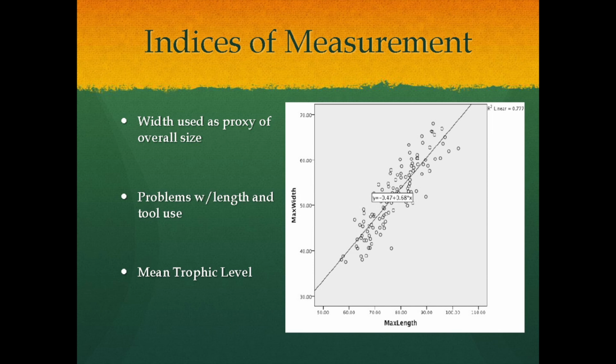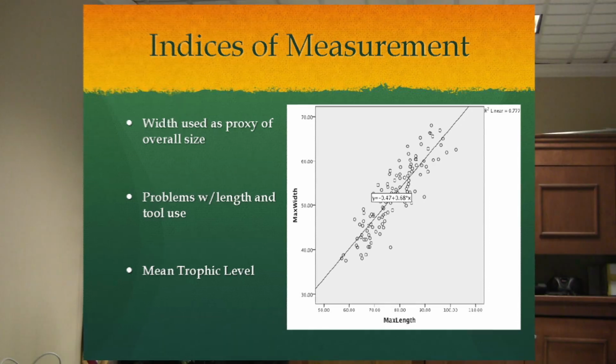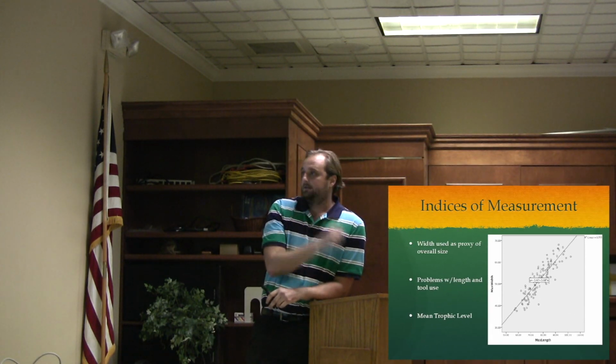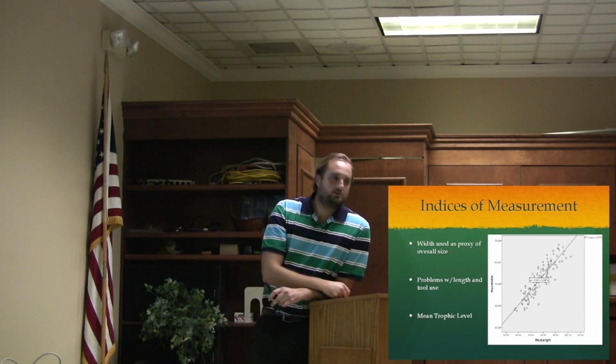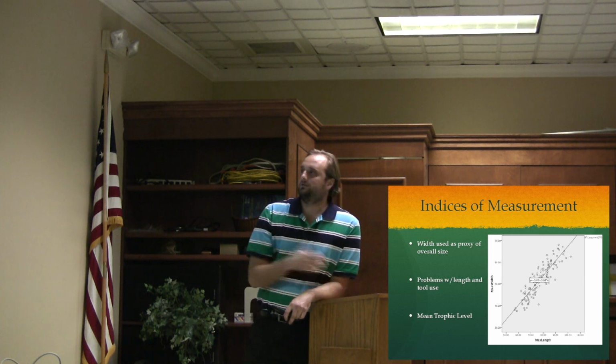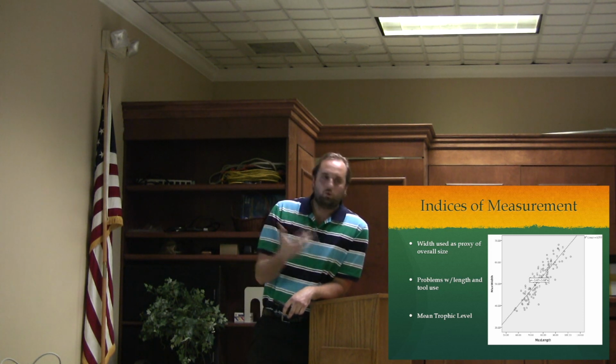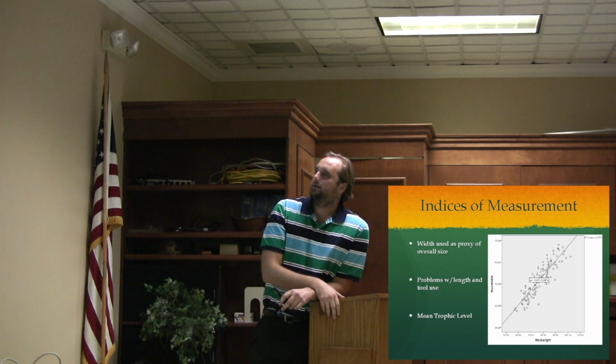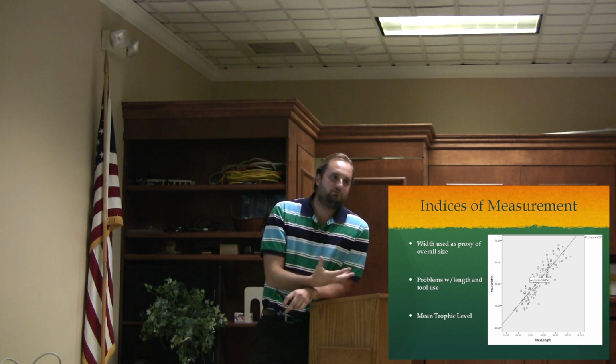So the species I chose for the shell measurement was a gastropod called the Florida crown conch. The reason I chose this is because, as we talked about earlier, bivalves like oysters and clams, which have two shells, reproduce and regenerate very rapidly.